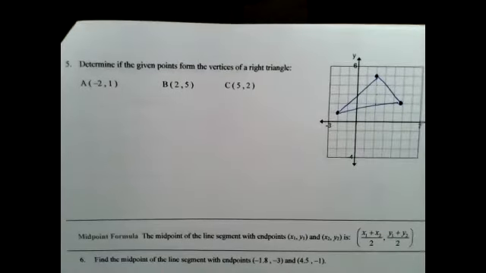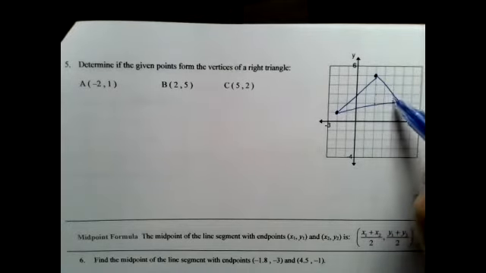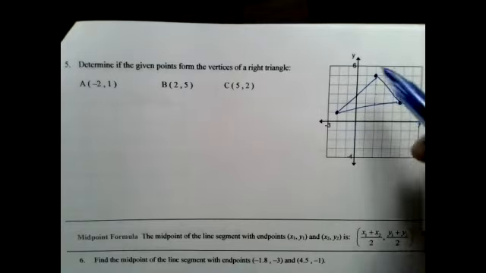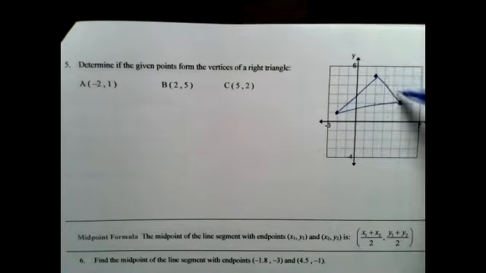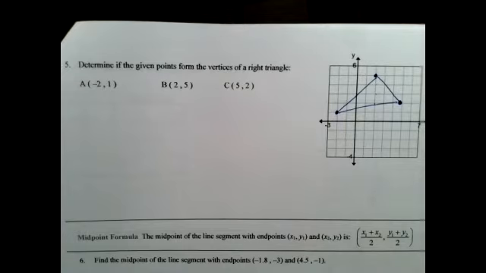How would I know for sure this is a right triangle? If one leg squared plus the other leg squared equals the hypotenuse squared. So now I need to find the distance between these 2 points, the distance between these 2 points, the distance between those 2 points.